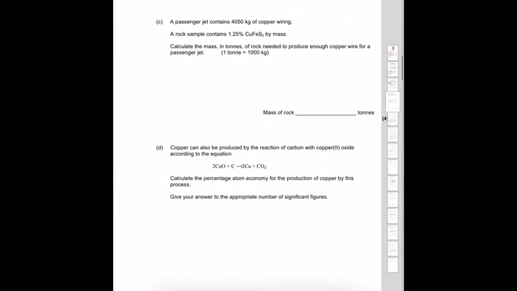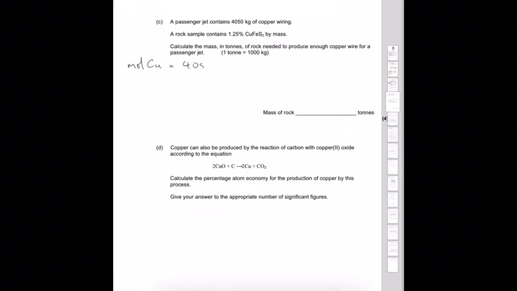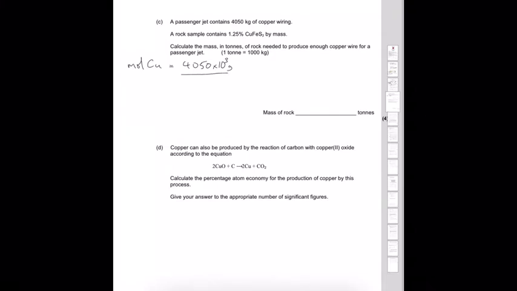Okay, a passenger jet contains 4050 kilograms of copper wiring. So we need to find out the moles of copper. So 4050 times 10 to the 3 divided by 63.5.